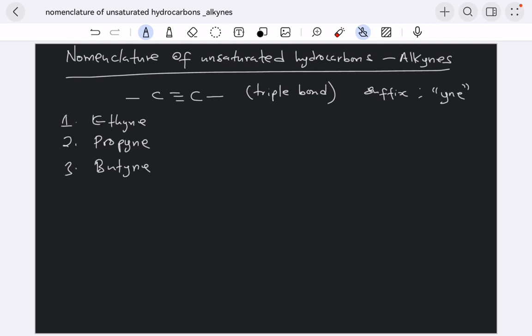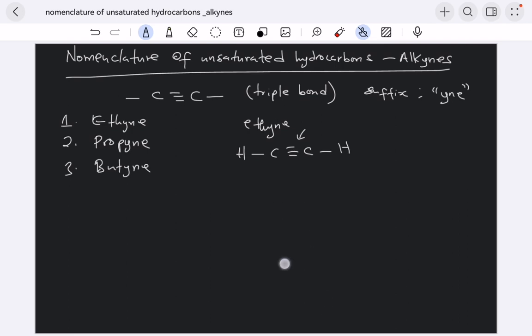Now, in the nomenclature, it's very important that we understand their structural representation. So, these alkynes, for example, ethyne is represented by this. What is important is we should have a triple bond between a carbon and carbon.